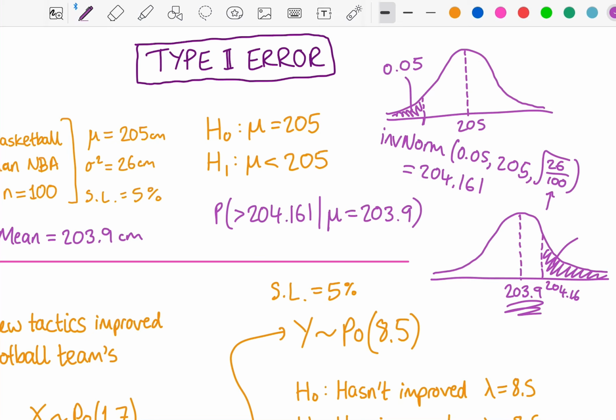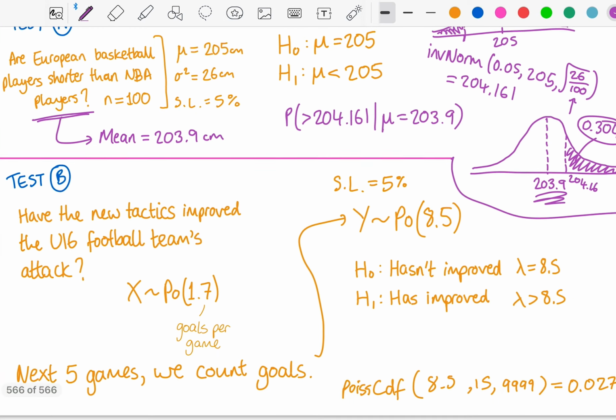This is going to be normal CDF with a mean of 203.9 and with a lower bound of 204.161, upper bound of a high number. Same variance as I said, with the square root divided by 100, and we will see 30.4%. 0.304 is our probability of type 2 error for this normally distributed sample.